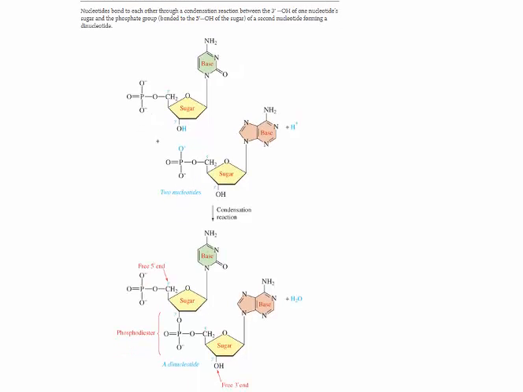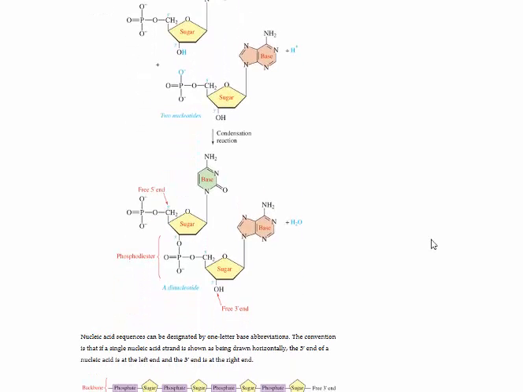And what we see is that when two nucleotides link together, the first nucleotide in the sequence is going to have a free phosphate on the 5' carbon of the sugar, and its 3' hydroxyl group will react with the phosphate group on the next sugar that is, of course, connected to its C5.